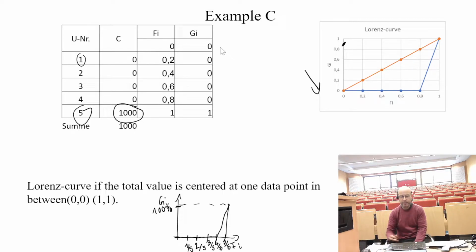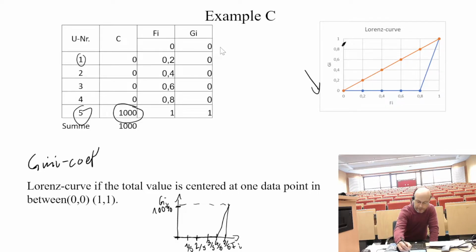In this case, we have the very unequal distribution. So in which neighborhood would the Gini coefficient be? Not exactly, but in which neighborhood would it end up without calculating it?